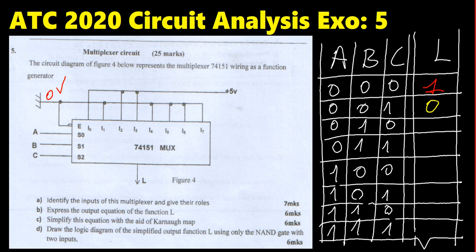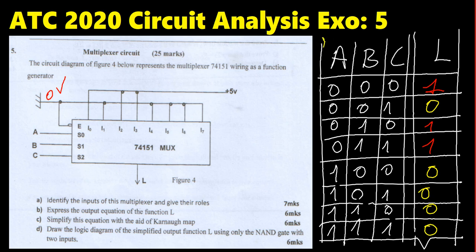I2 and I3 are connected to 1, so that is 1, 1, and the remaining stay at 0. So that is the truth table that we are supposed to have.